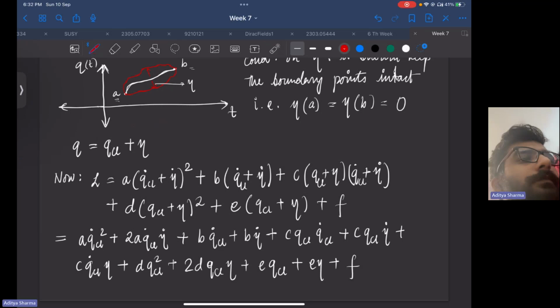Now we will collect the classical terms, which have no eta multiplied to them. That is this term, this term, this term. This has eta multiplied to it, so we're not taking this. So this term, and this term. This is nothing but the original, the classical Lagrangian for only the classical solution.